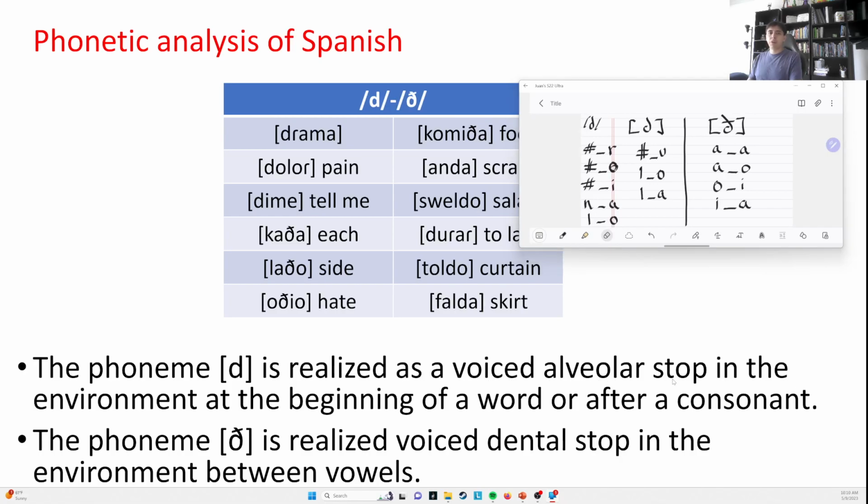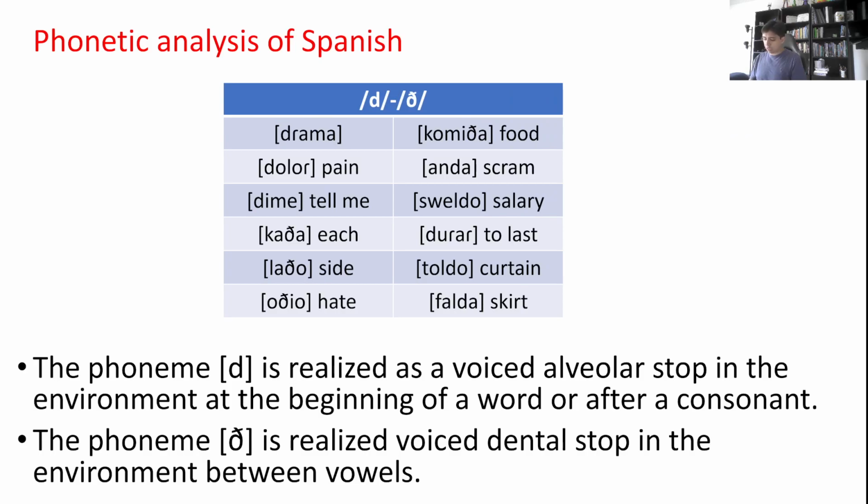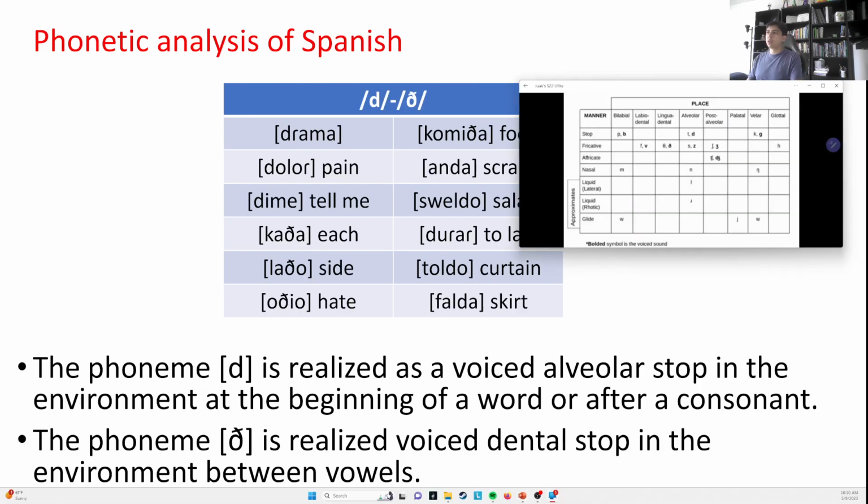Well, if I want to talk about the manner and place of articulation, of course I have to use my table here, but the phoneme D is realized as voiced alveolar stop in the environment at the beginning of a word.